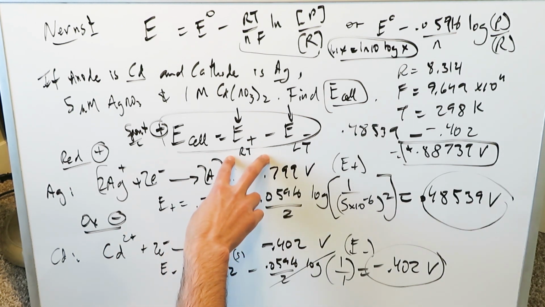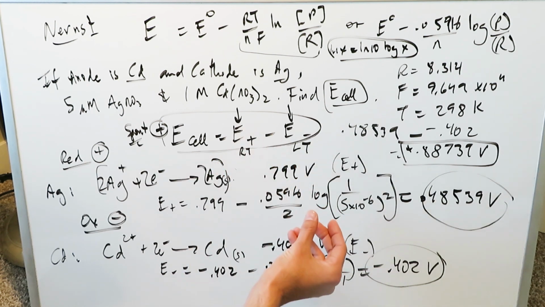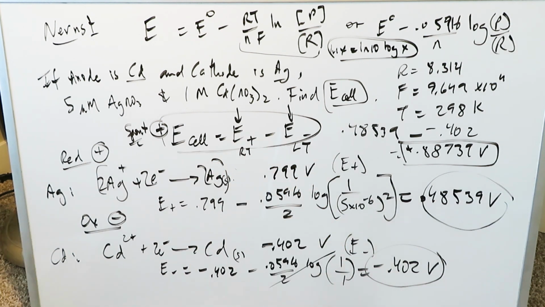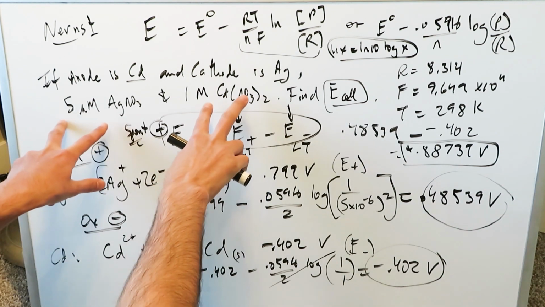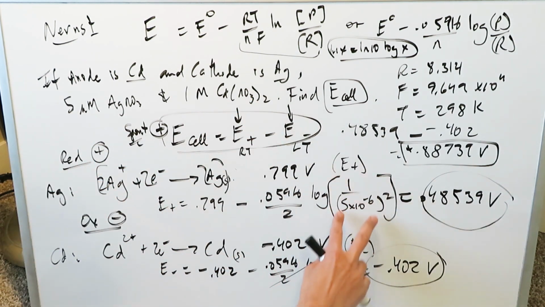Your cathode is a positive electrode because it's going to use up those electrons for a reduction reaction. That's all you want to keep in mind here. At the very end, you're looking at the sign. The sign of a cell being positive is spontaneous. If it were negative, it's not spontaneous. The concentrations play very well into this by means of this quotient here of the products to the reactants. You can see that has all come into play.